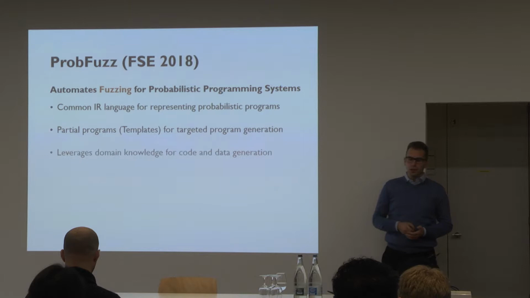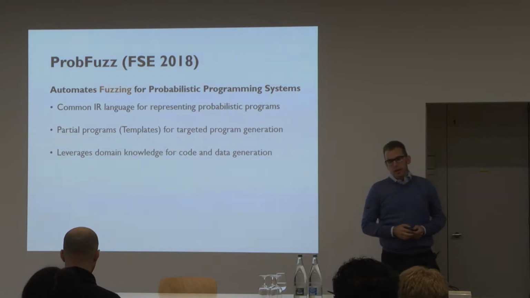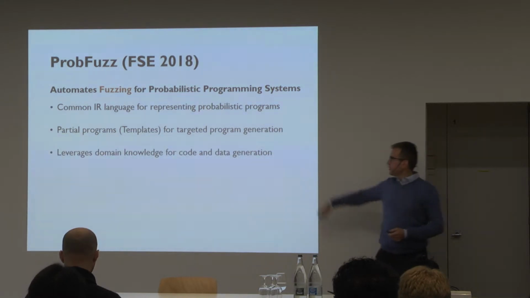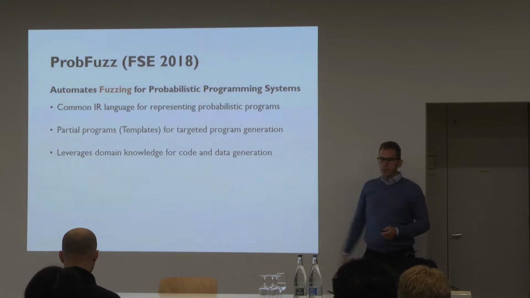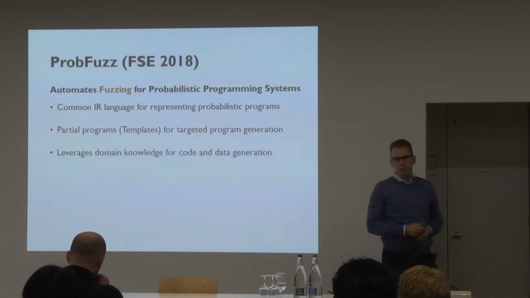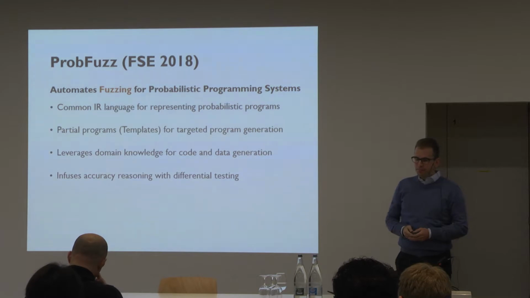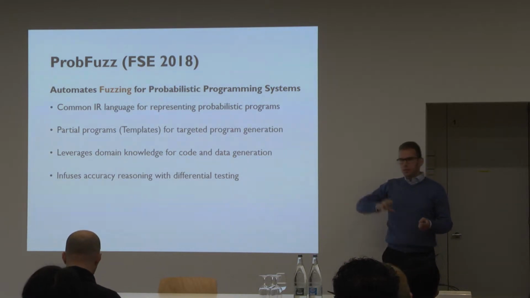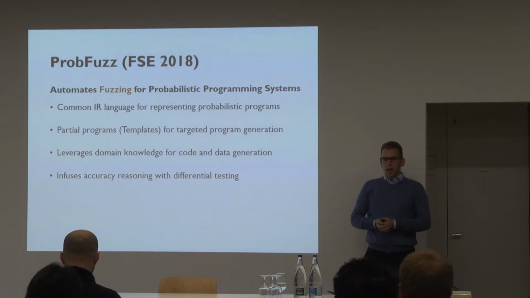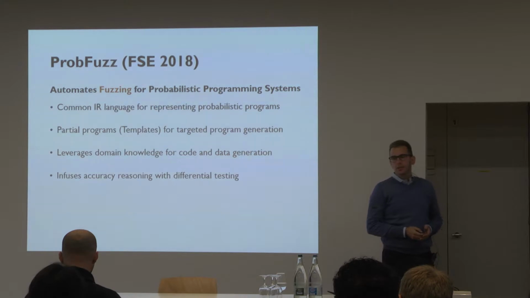Then what we encode inside ProbFuzz is domain knowledge for code and data generation, supported with some program analysis. And finally, we incorporate reasoning about accuracy inside the process of differential testing.